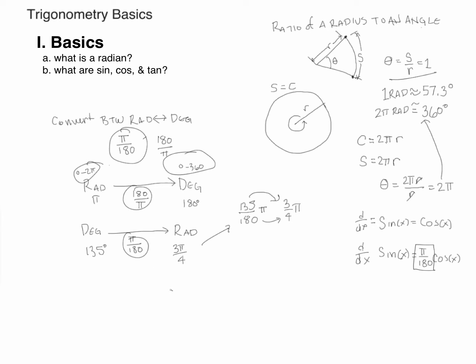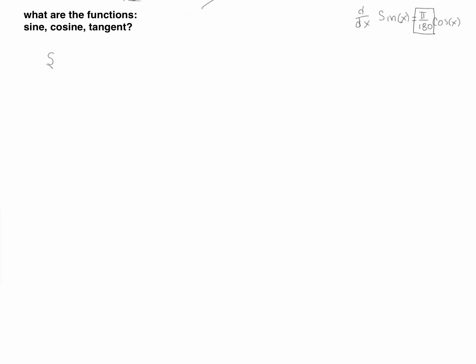So let's move on to the next step. This is a totally incomplete definition, but for right now, we're just going to use it this way. Sine is the relationship of the opposite side of a triangle, by the way, all these definitions are based on a triangle, to the hypotenuse.